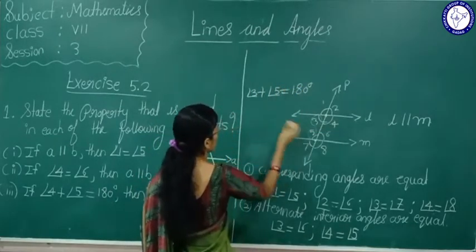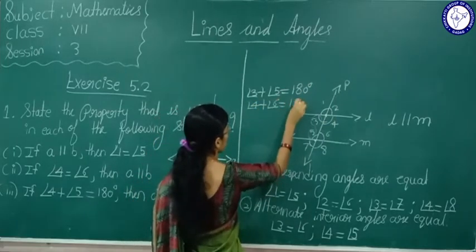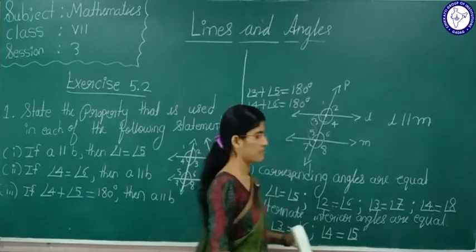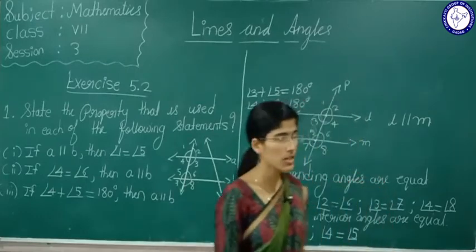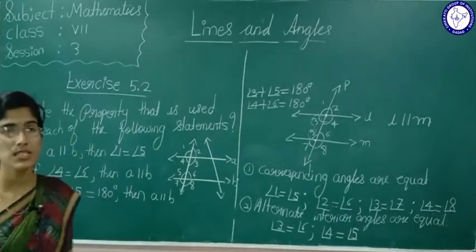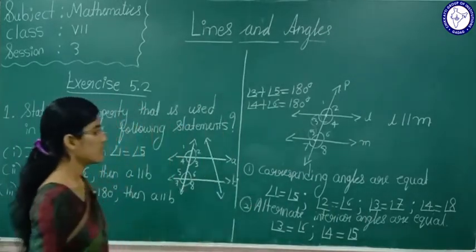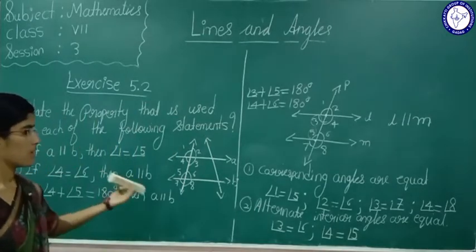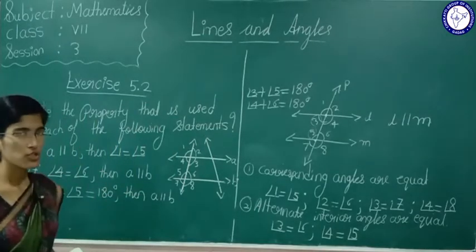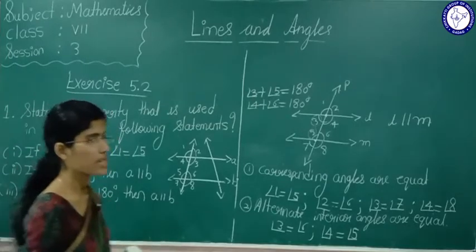We also learned angle 4 plus angle 6 is equal to 180 degrees. Yes or no? Interior angles on the same side of the transversal are supplementary. Now see here, with this information we are going to solve exercise 5.2.